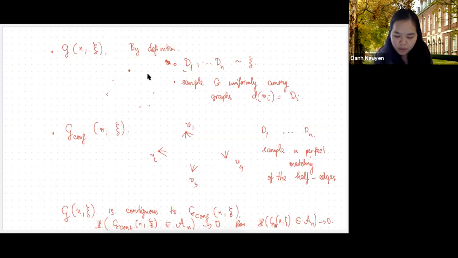So if you want to prove something that happens with high probability on G(n, xi), you can pass that to the configuration model and work on the configuration model.